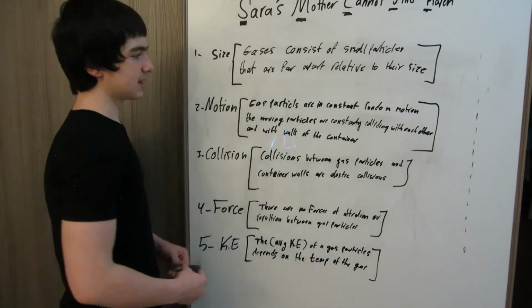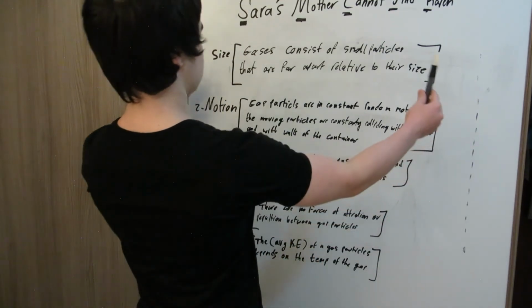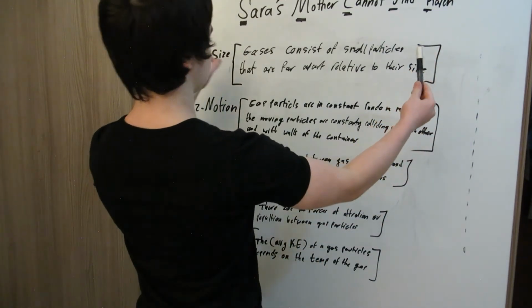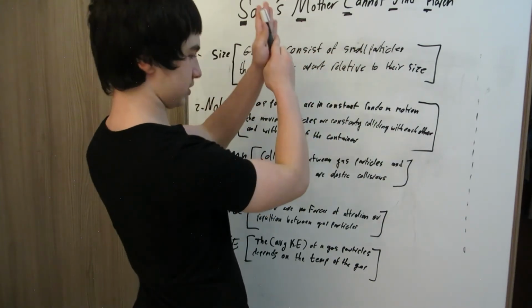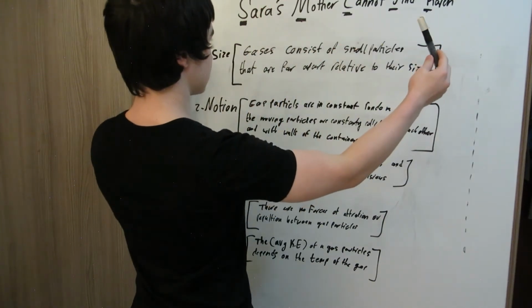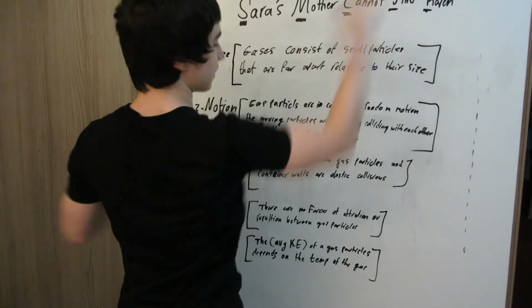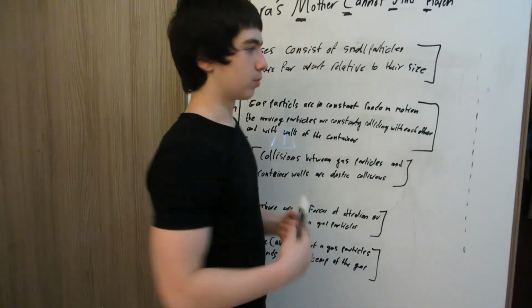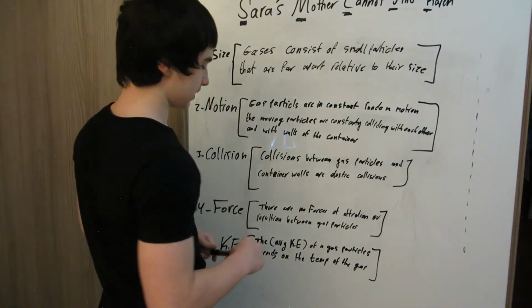It means that when two gas particles are moving, they won't suddenly attract or come to each other. And if they're moving next to each other, they won't just repel or push each other away. So there are no forces of attraction or repulsion between gas particles.